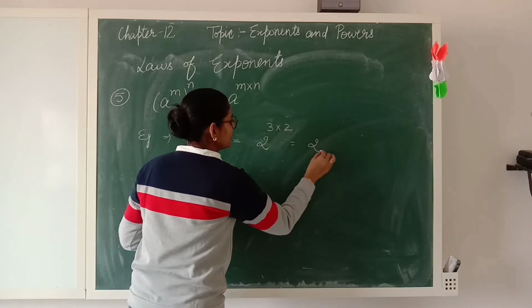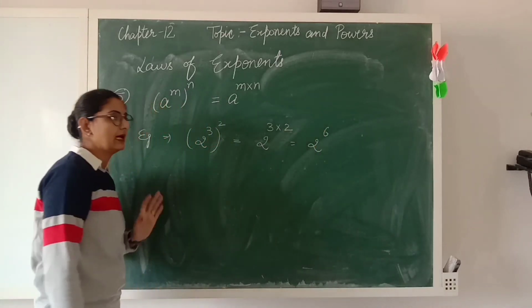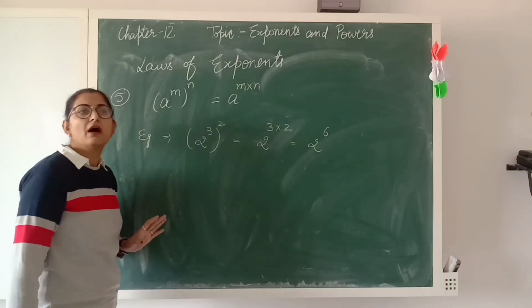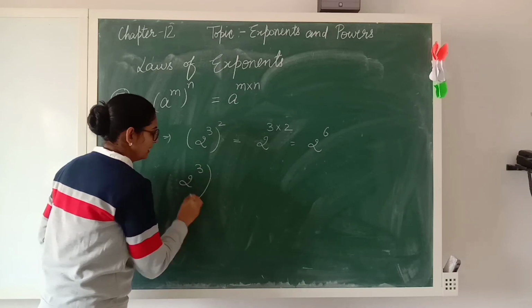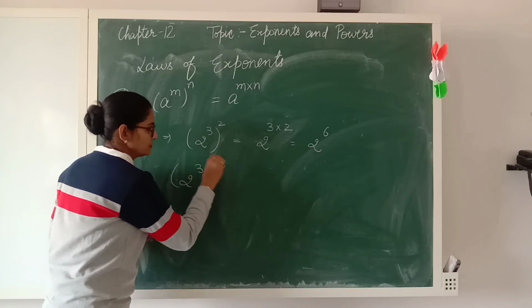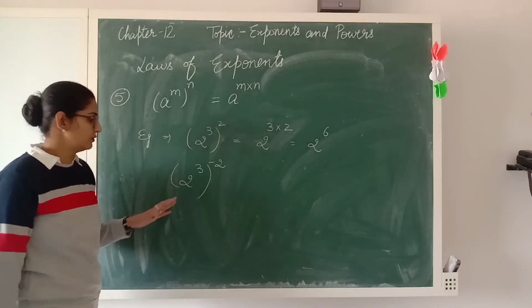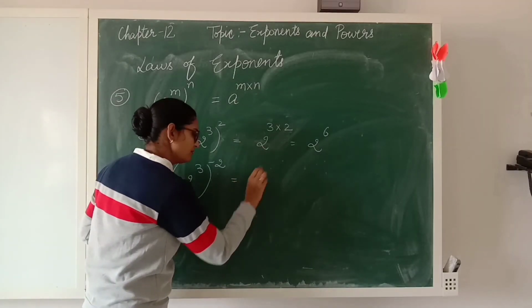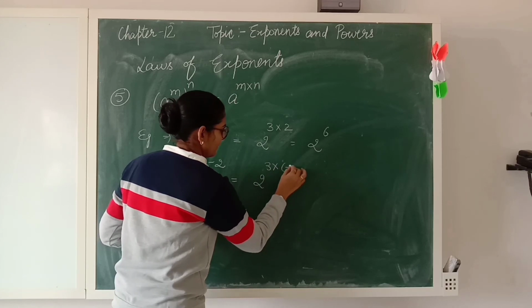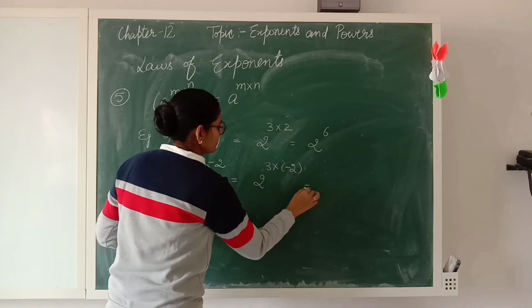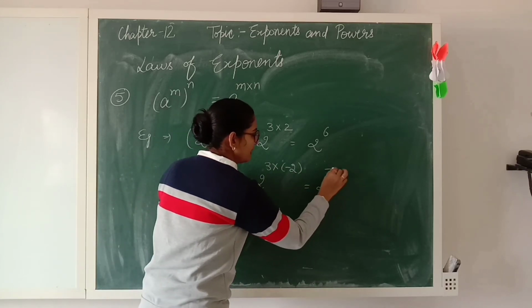So 2 raised to the power 6 will be our answer. If the power is in negative form, like 2 raised to the power 3 and whole power minus 2, so what can we do? You have to just write it down simply. You have to just multiply the powers. Okay, so it's 2 raised to the power minus 6.